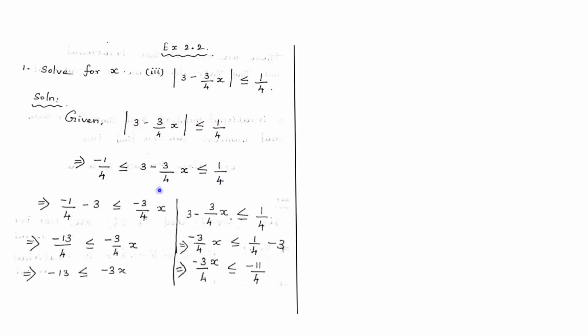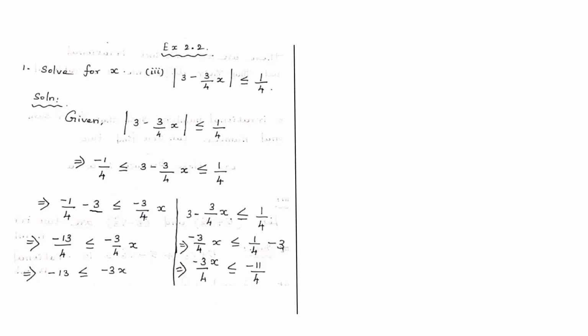Okay, now we are going to consider this as two inequalities. That is, minus 1 by 4 less than or equal to 3 minus 3 by 4 into x alone. In that, this plus 3 comes this side, it will become minus 3. So minus 1 by 4, this 3 comes this side, means minus 3 less than or equal to minus 3 by 4 into x. If you are taking an LCM, we will get the LCM as 4.